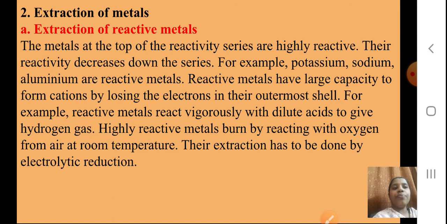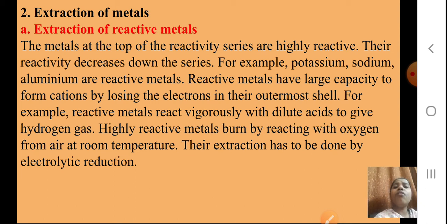For example, potassium, sodium, aluminium are reactive metals. Reactive metals have a large capacity to form cations by losing the electrons in the outermost shell. Remember students, they will form the cation by losing the electrons present in the outermost shell.